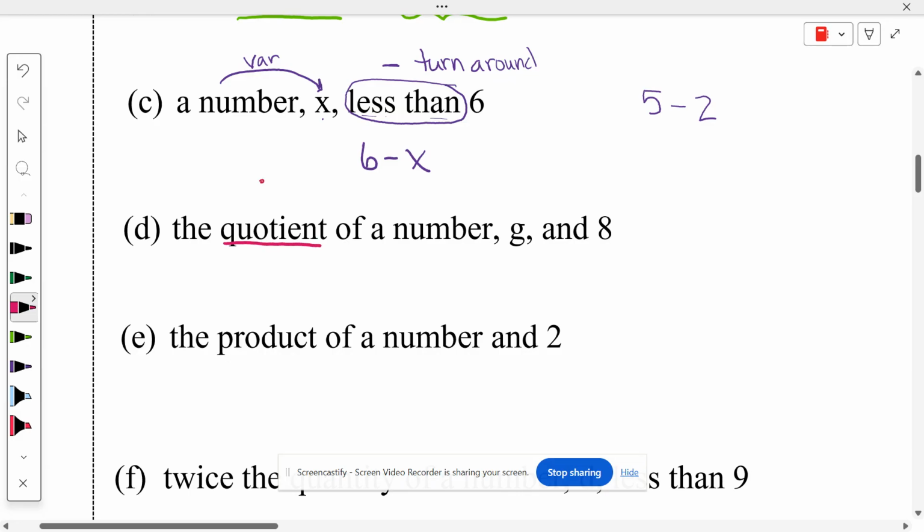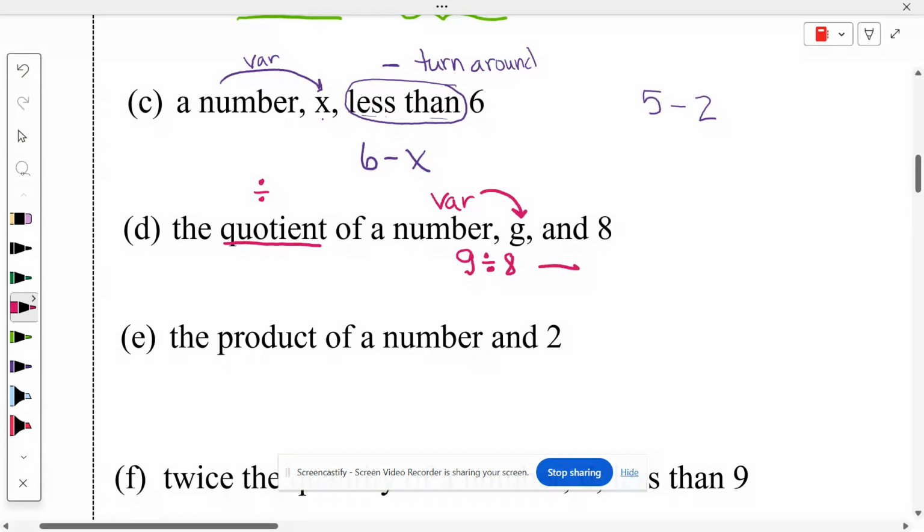Quotient. Oh, that's a good one. Quotient means divide. What are we dividing? Well, we're dividing a variable. There's that phrase, a number. What variable are we using? G and 8. When we use division, we don't use this symbol anymore, not in Math 1.